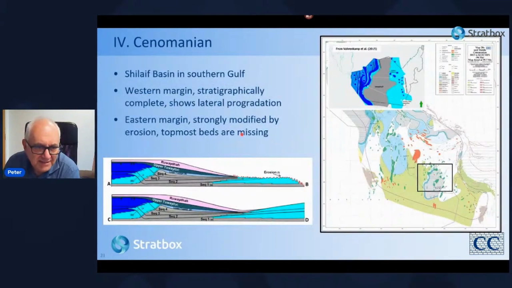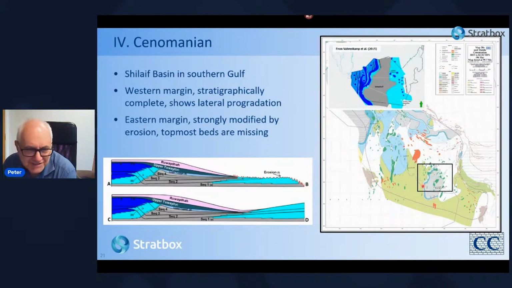If we move to the southern part of the Gulf, again, as with the Shuaiba, the Mishrif is a similar producing reservoir associated with the margins of the Shilaif Basin in the southern Gulf.